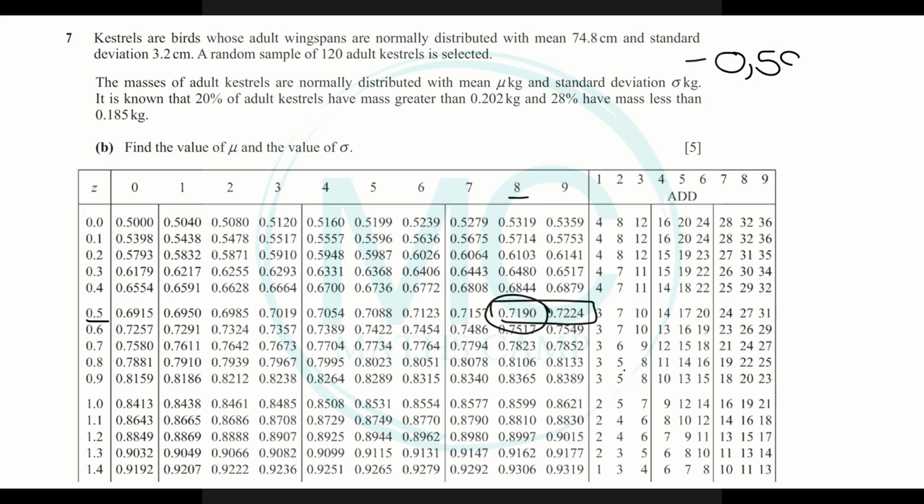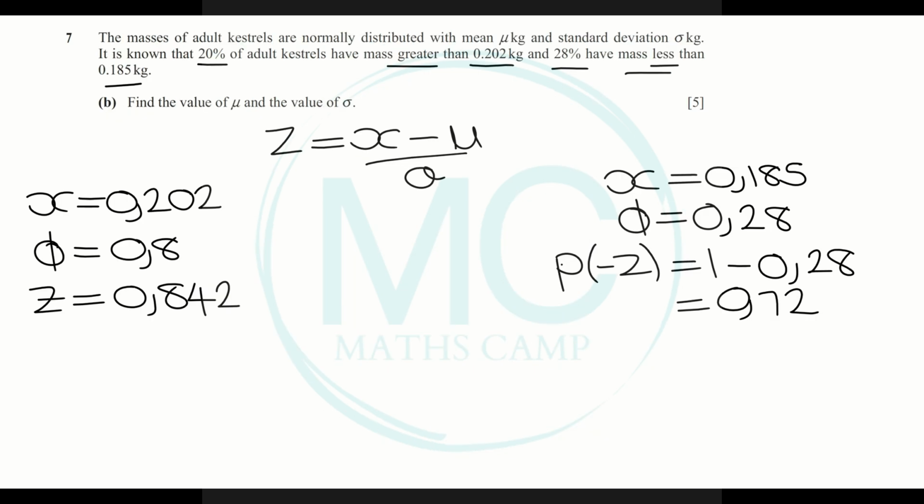But remember, we don't want 0,7190. We want 0,72. So we need to add 10 to this. And if we add 10, we add 3 to Z, and this becomes 583. So let's make a note, and I can say that Z is equal to negative 0,583.